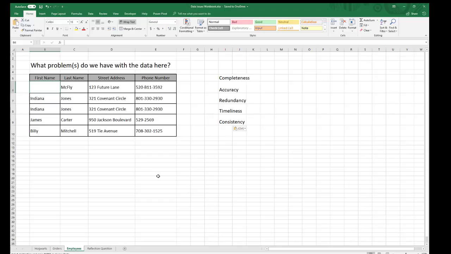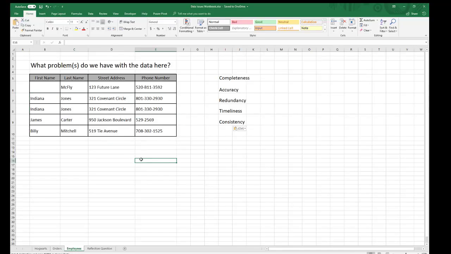If we take a closer look at the data, we see that we have a letter inside the phone number here, B11. So we have an issue of accuracy. That's not an accurate phone number. We can see that we have 2 records that are identical. So we have an issue of redundancy.